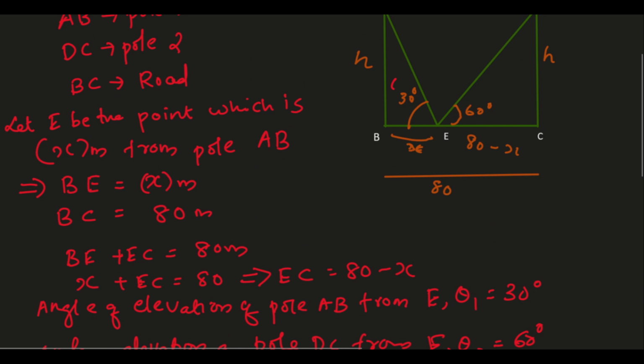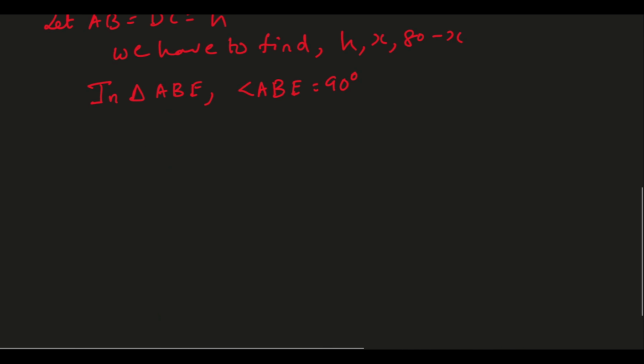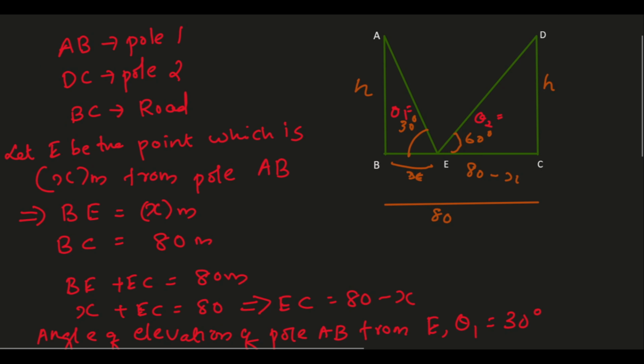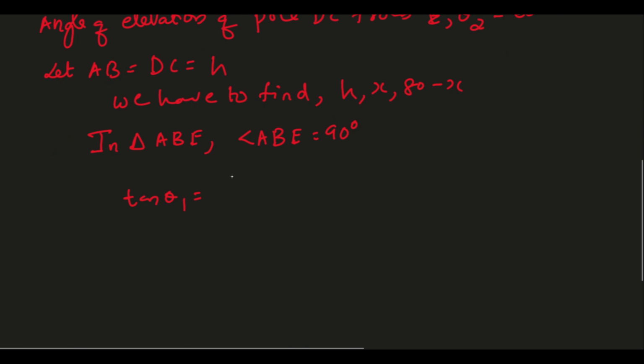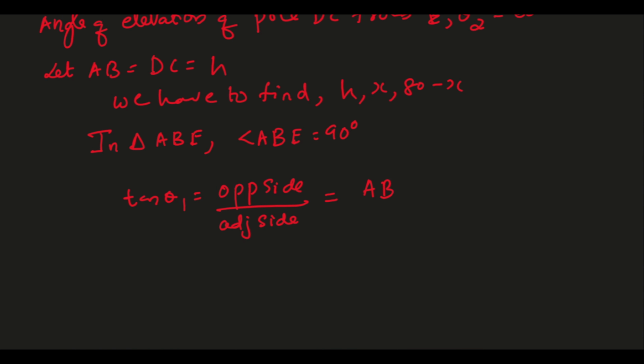Theta 1 is this angle and theta 2 is this angle. We are going to take theta 1 first. That is, tan theta 1 is equal to opposite side by adjacent side. Opposite side is AB and adjacent side is BE.